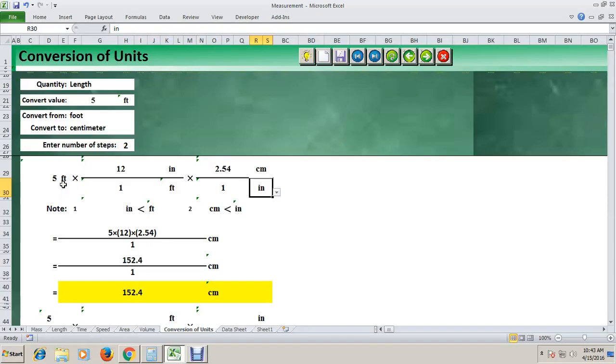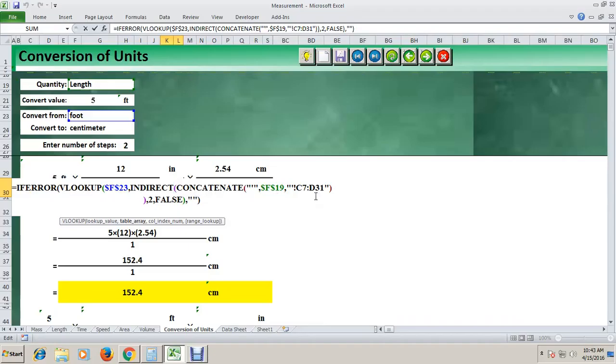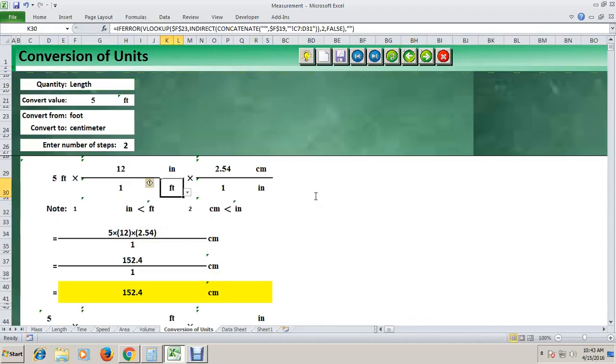So in order to do that, you need to multiply 5 feet by the conversion between foot and inches, specifying that the foot should appear in the denominator in order to cancel out foot. Otherwise, if you're going to have the conversion for foot in the numerator, you will not be able to cancel out the unit foot here.